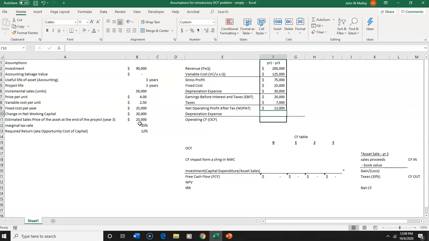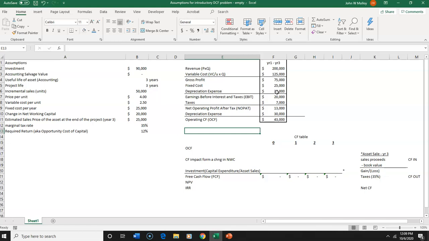Okay, then here's what I want to do. I'm going to add back my depreciation expense, and then ultimately I'll get OCF. So let me talk a little bit more about that. You might remember from the accounting review that we did before we got into this chapter, how I had net income plus depreciation.